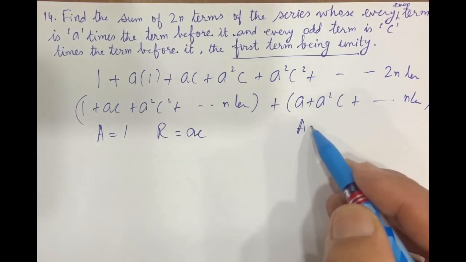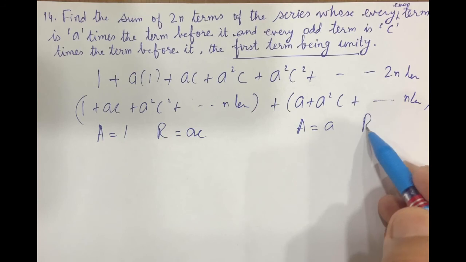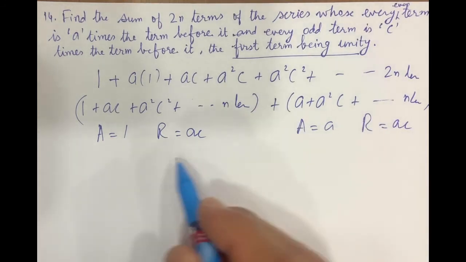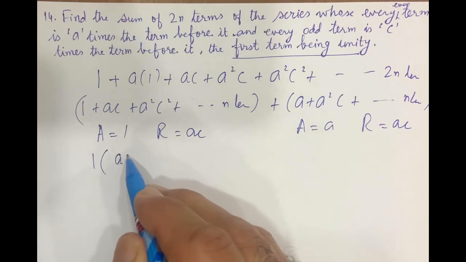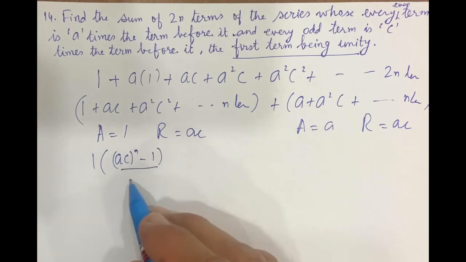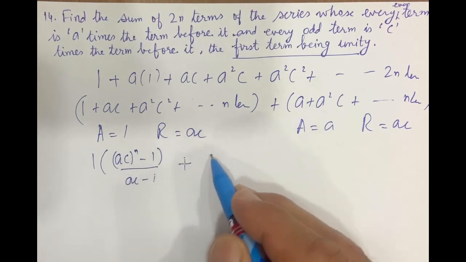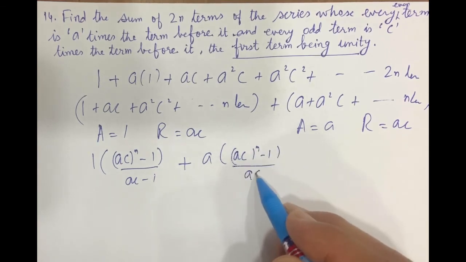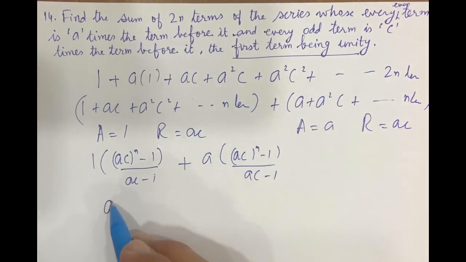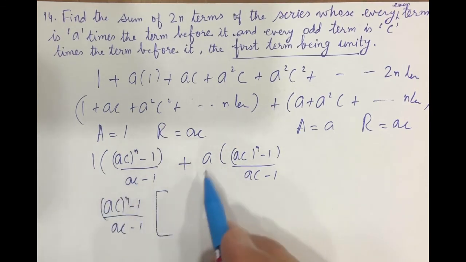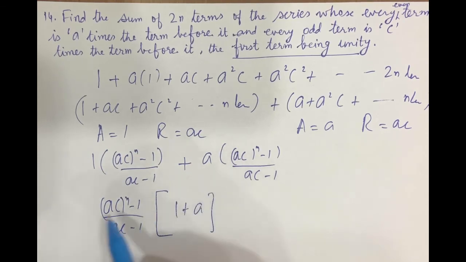This is GP with first term a and common ratio here is also ac. So we find out sum of n terms is ((ac) raised to n minus 1) upon (ac minus 1). This is a into ((ac) raised to n minus 1) upon (ac minus 1). We can take ((ac) raised to n minus 1) upon (ac minus 1) common, and inside we will have 1 plus a. So this is the answer.